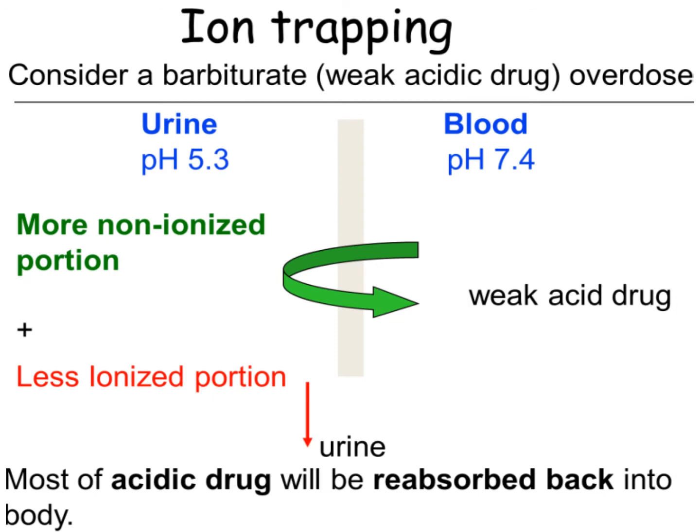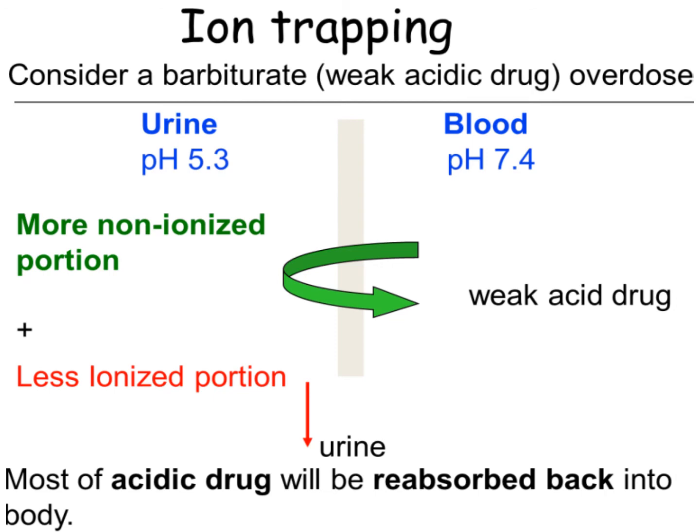So a large amount of barbiturate will be present in non-ionized form, and a small amount will be converted into ionized form. The non-ionized form is characterized by being highly lipid soluble, so it will cross the cell membrane and be reabsorbed back to the circulation.